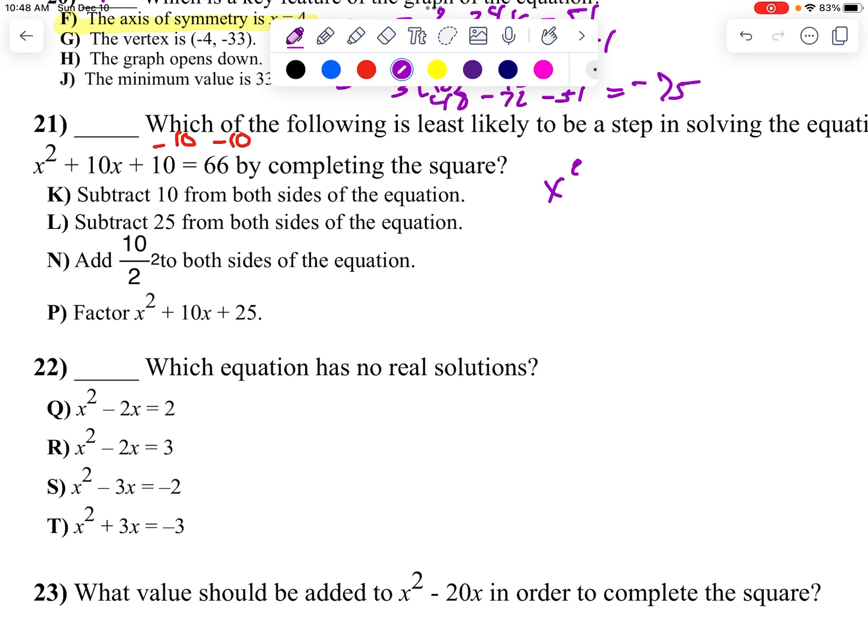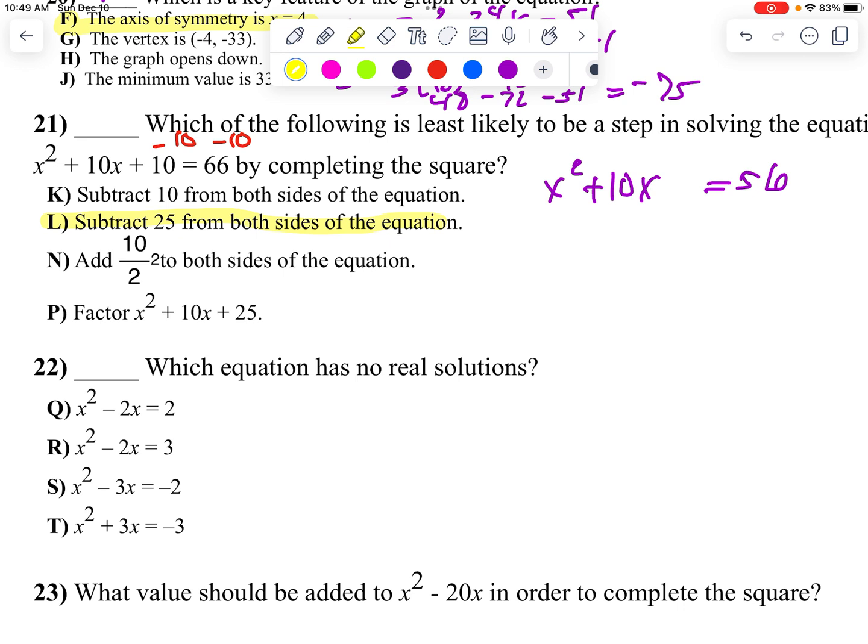We'd have x squared plus 10x equals 56. And then would I subtract 25 from both sides? I think that would be the least likely. We would add 25 to both sides, won't we? Add 10 divided by 2. I think my parentheses showed up squared. That's right. And we're going to factor x squared plus 10x plus 25. So the only one we won't do is question 12.